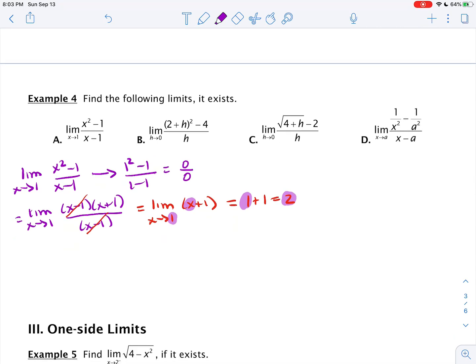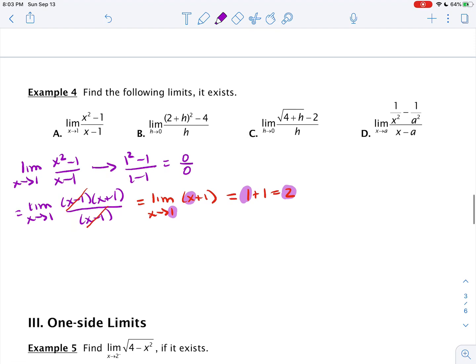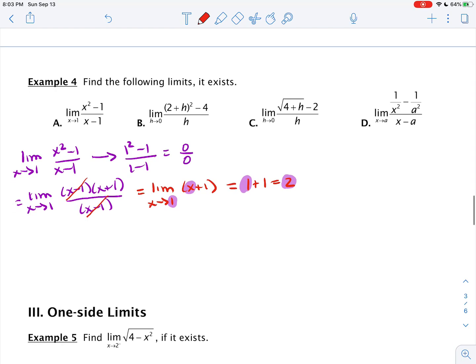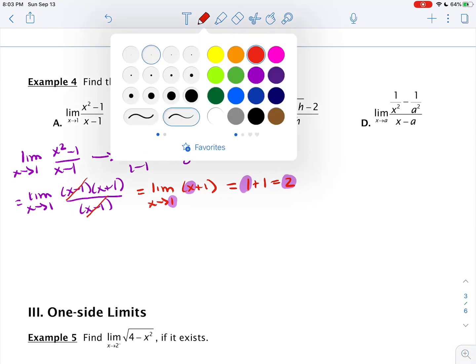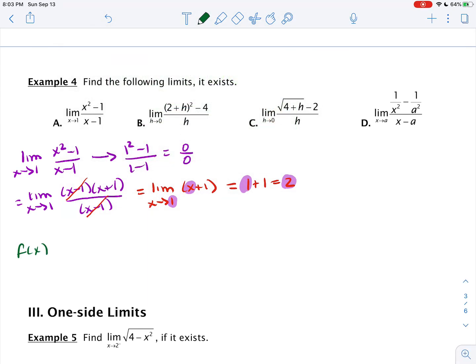And this is a general technique that you want to make. If you have 0 over 0, then you'll want to factor out that x minus a. It also, just to be clear here, with x squared, the function f of x equal to x squared minus 1 over x minus 1 is equivalent to x plus 1 at all points except x equal to 1.